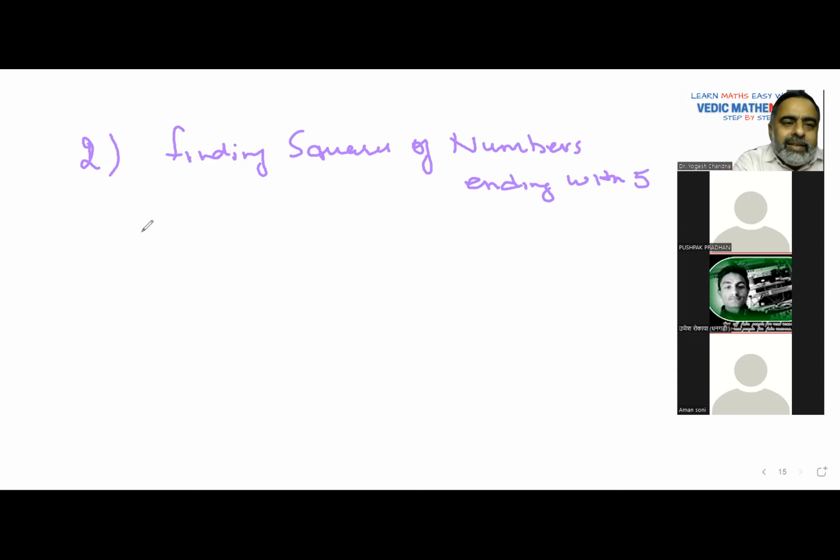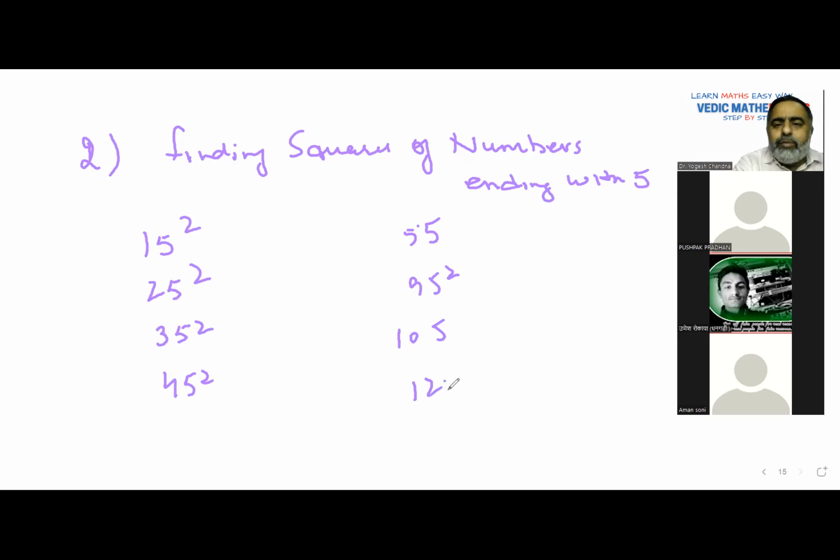That means 15 square, 25 square, 35 square, 45 square, 55 square, 95 square, 105, 125, 165, whatever. The only condition is the number should be ending with 5.